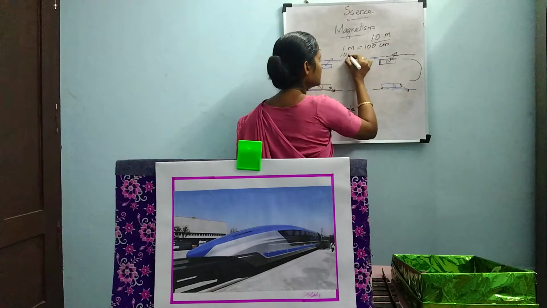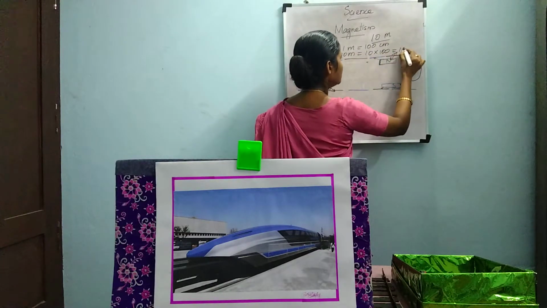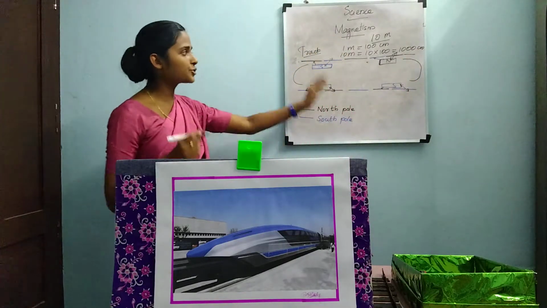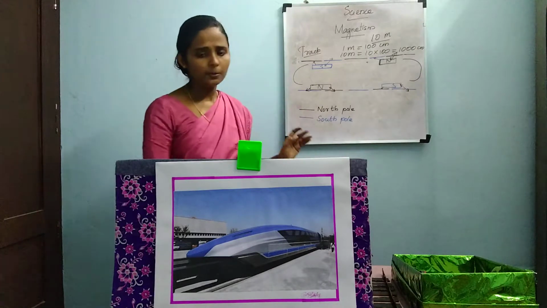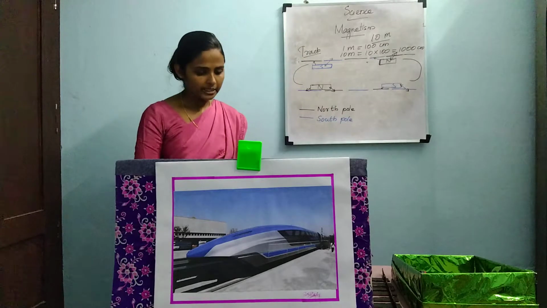So 10 meter is equal to 10 into 100, so 1000 centimeter. So the gap between the train and the railway track is 1000 centimeter or 10 meter.